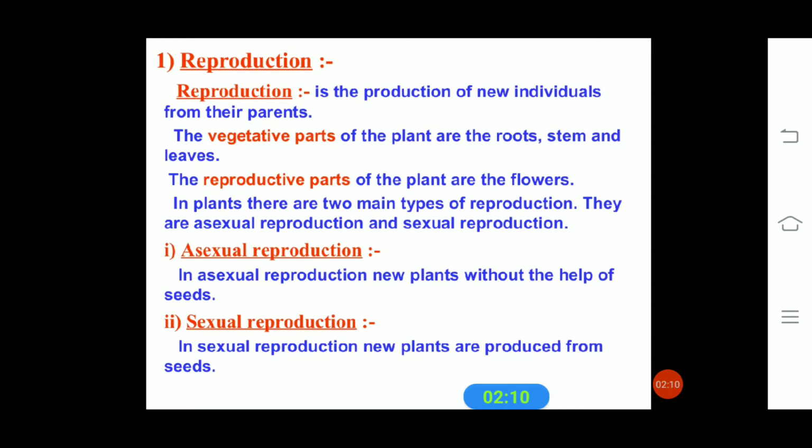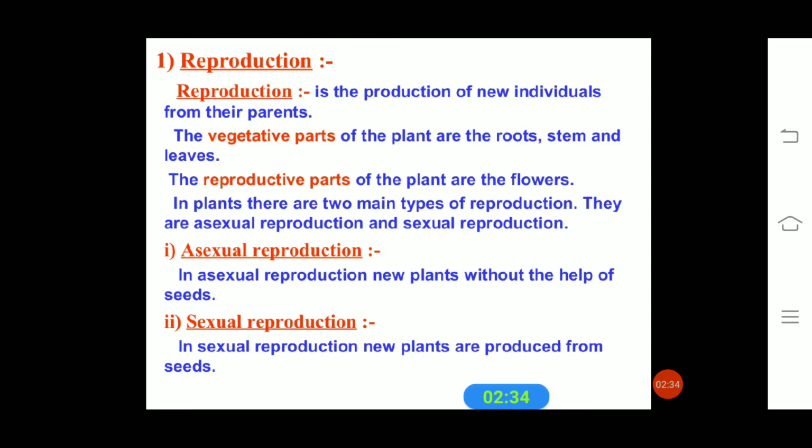Okay. So students, next we go to the modes of reproduction. Different organisms reproduce in different ways. Some animals give birth and some animals lay eggs. So these are the different modes of reproduction.